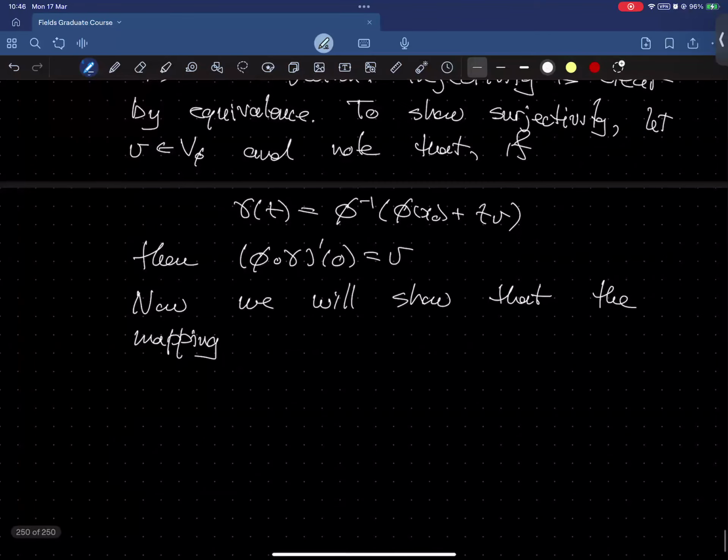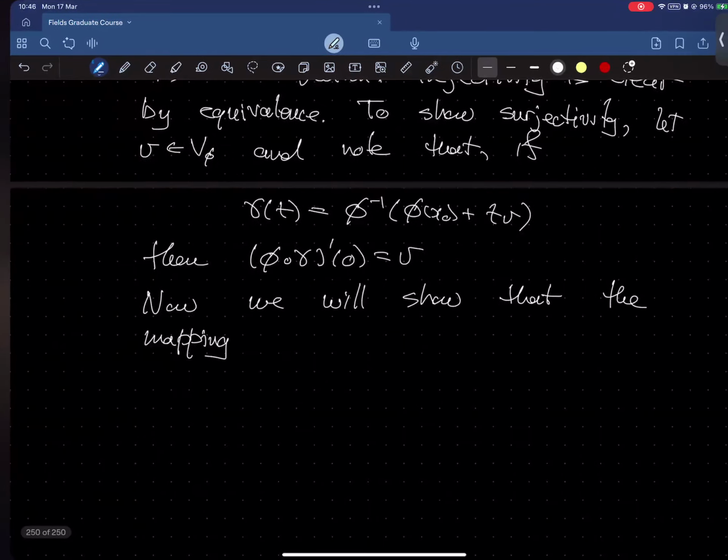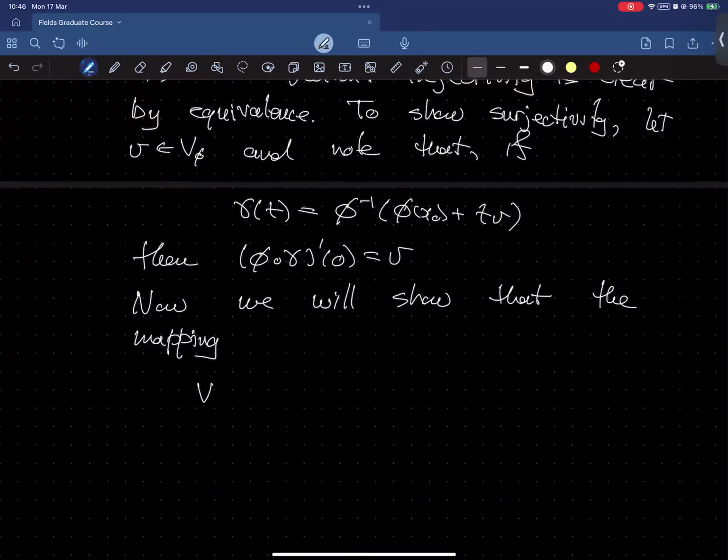So this is not a difficult construction, but it requires a bit of notation. So the mapping B phi, let me just rewrite the mapping here.